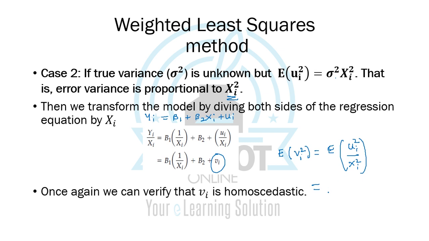Just one moment. As I said, xi square is non-stochastic, so this will come out as it is. The expectation of ui square is sigma square times xi square, so this remains as sigma square, which is a constant here.